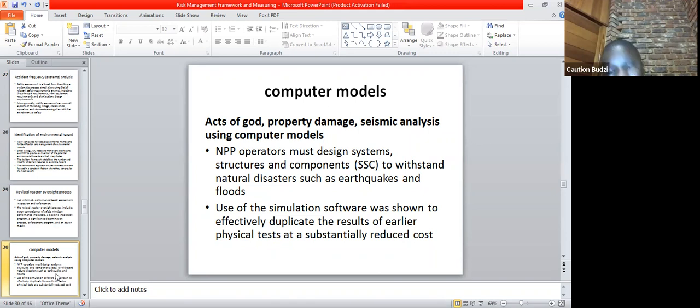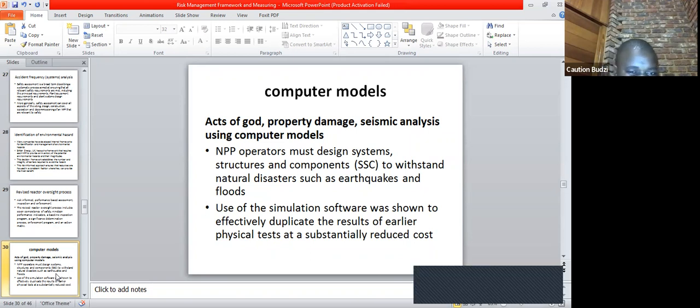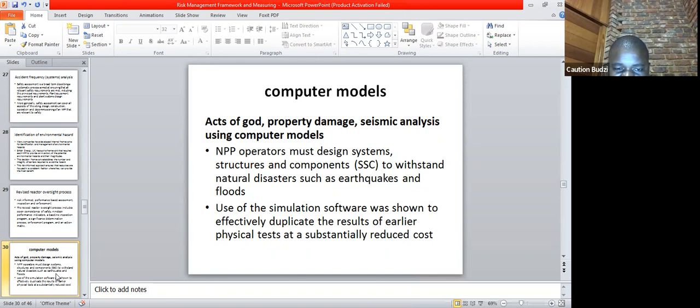So these models usually use secondary data research from other disasters, and they try to simulate the risk surrounding the nuclear power plant with regard to the probability of these natural disasters happening, and also the extent to which these disasters can cause damage to the nuclear power plant.